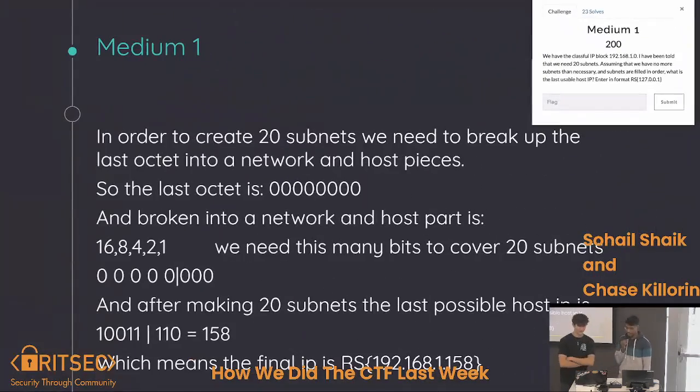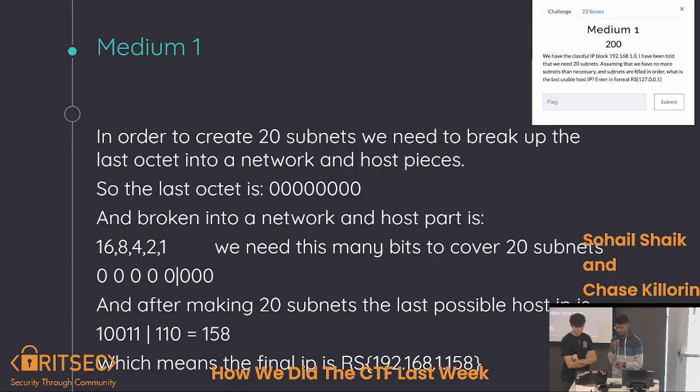And then for medium one, we were told that we were to create 20 subnets, and then the answer would be the last subnet that's usable. For this specific network, the way you would create them is you would take the last octet, or the last digit in the IP would be 8 bits, and then you would split them up so that you could get 20 subnets, and then the last one would be the final last usable host IP address.